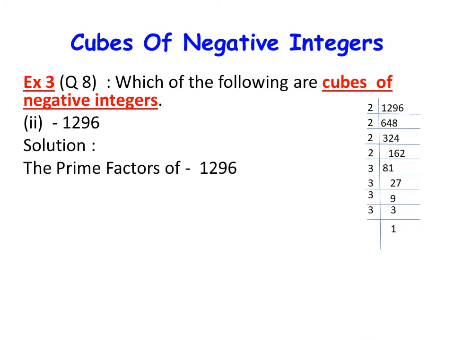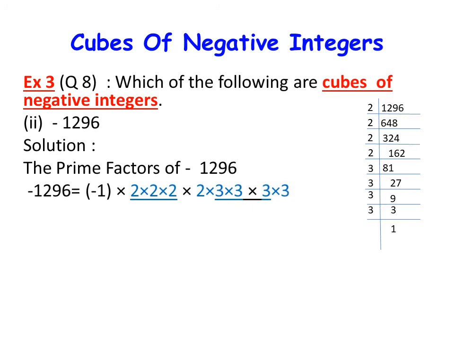First of all, we will make the prime factors of minus 1296. Then minus 1 will be written like this, and then we have to make the triplets. You can see that 2 is grouped into triples of like factors, then 3 is grouped into triples of like factors.